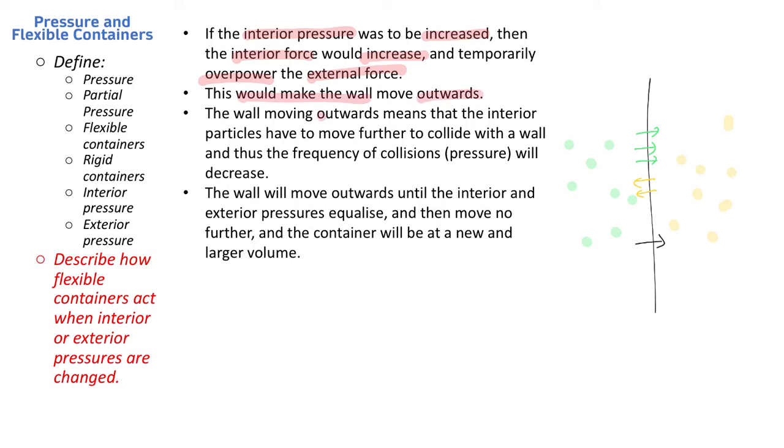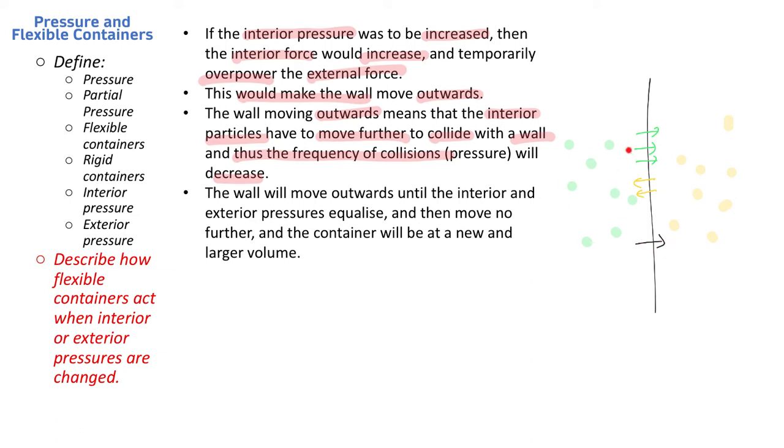The wall moving outwards means that the interior particles have to now move further to collide with a wall, and thus the frequency of collisions will decrease. As this wall moves outwards, the green interior particles have to now move further since the wall moved further away.